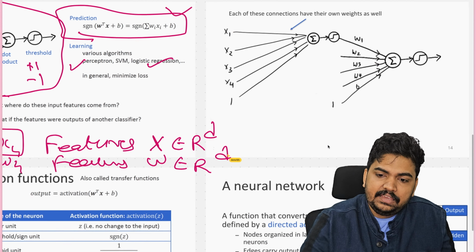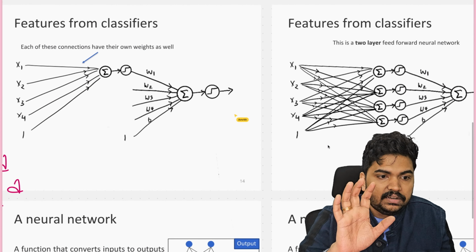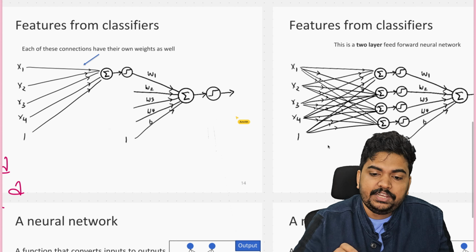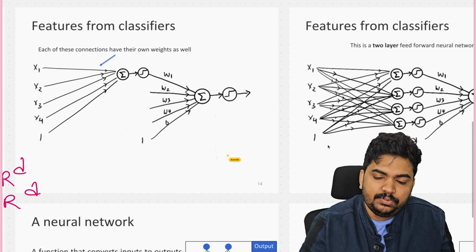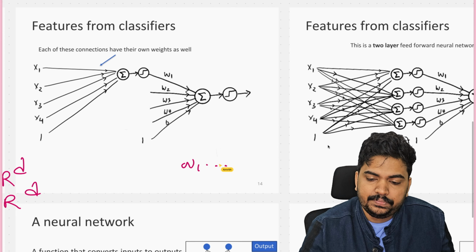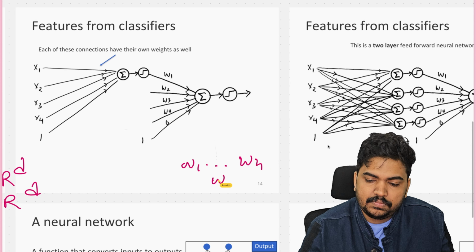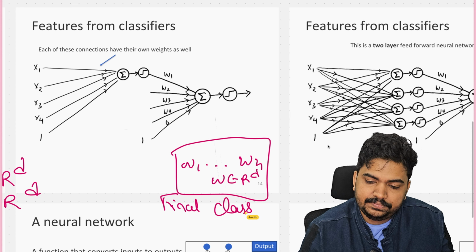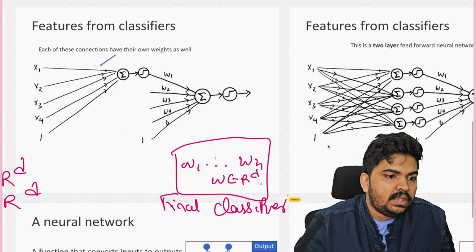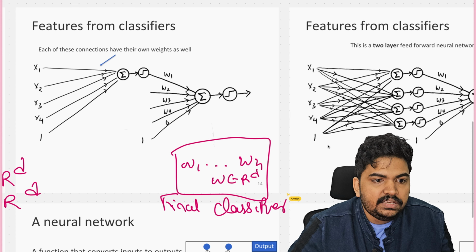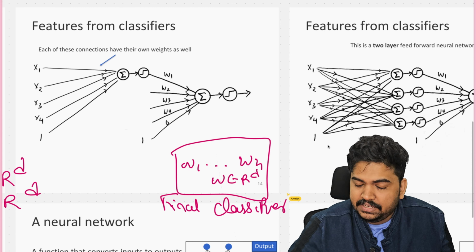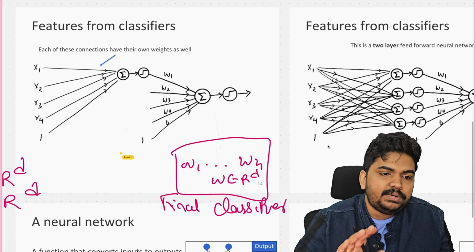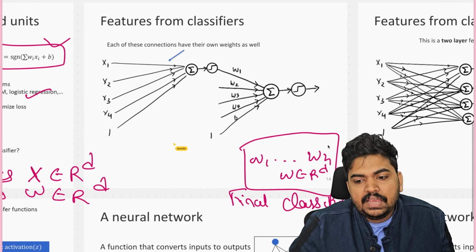So let's say we have a final classifier with a weight vector w, and you can see its weights being w1 to w4. But it is not taking in the inputs xi's directly. There is x1 to x4, but it's not taking it directly.